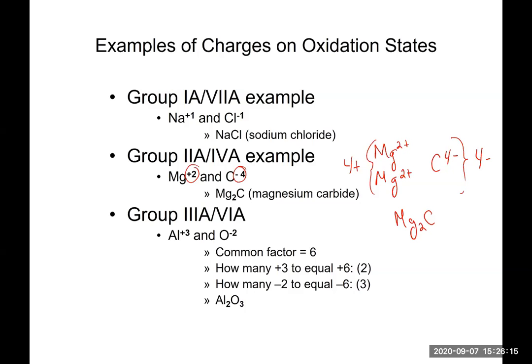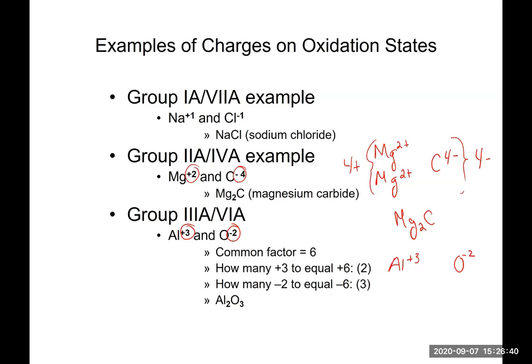What if we have something like aluminum oxide, on the other hand? So the aluminum has a +3, and the oxygen has a -2. Well, in this case, we need to find a common factor for a +3 and -2, and that would be 6.